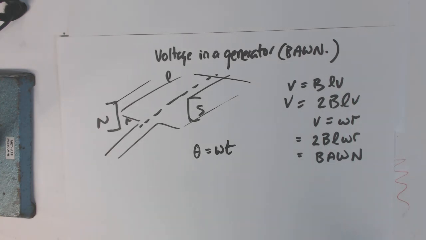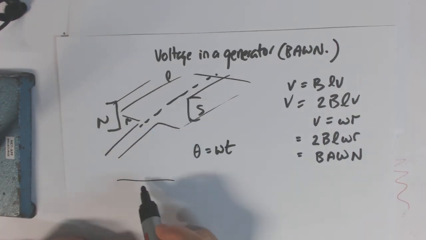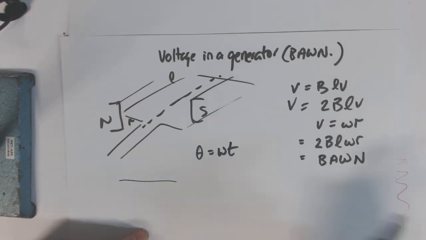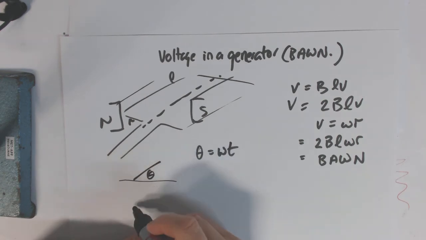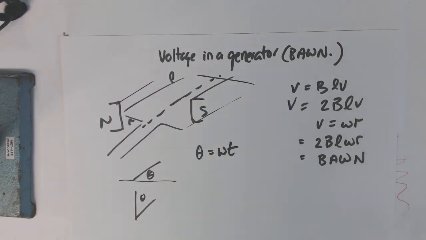Now the only thing we've got to decide is whether we measure our angle from the horizontal. That means, is our angle like this, or is our angle this one from the vertical with the coil? So at this point, I want to use the sine.